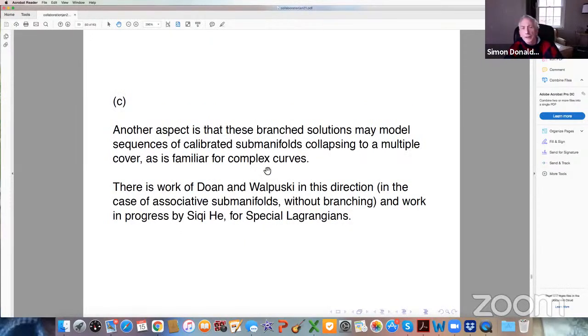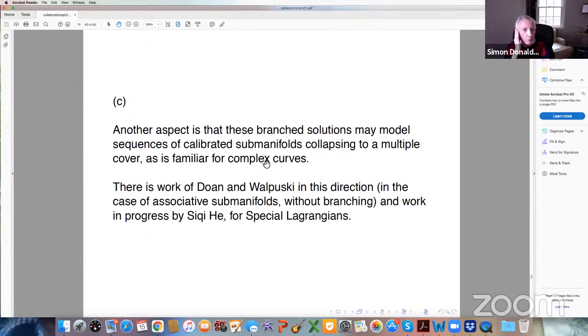So another aspect is that these branch solutions probably can model sequences of calibrated submanifolds collapsing to multiple covers. This is something which is very familiar, I think, and much studied in Gromov-Witten theory and so on.